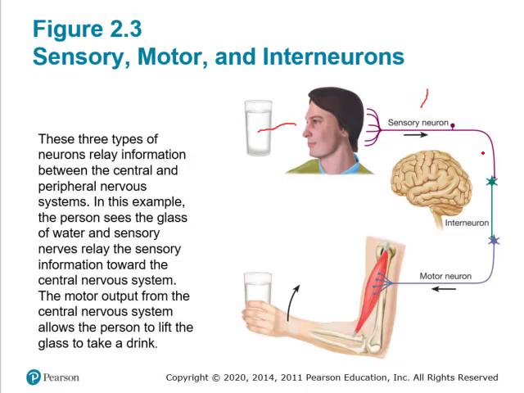So this is step 1, passes to the interneuron, step 2, and then the motor neuron of the hand, step 3, which extends to grab the glass of water for the purposes of drinking. So again, 3 types of neurons: sensory, motor, and interneurons. And they are essential for performing tasks like perception, learning, remembering, decision-making, and a whole suite of complex behaviors.